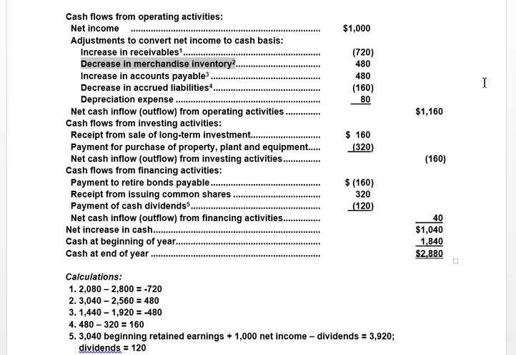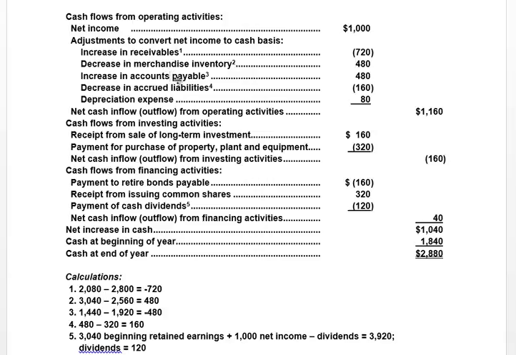All we're saying is we did more debiting of cost of goods sold than we did purchasing of inventory. What that means is it's the purchases, what we bought in inventory, that's going to wind up being paid for in cash. So because that number is smaller, we're going to need to add back the difference, which is $480, in order to convert our net income to the cash basis.